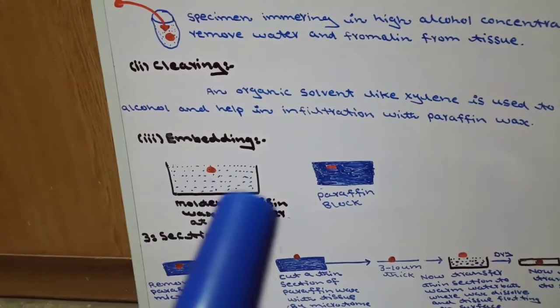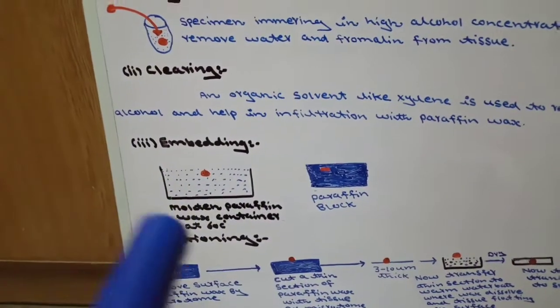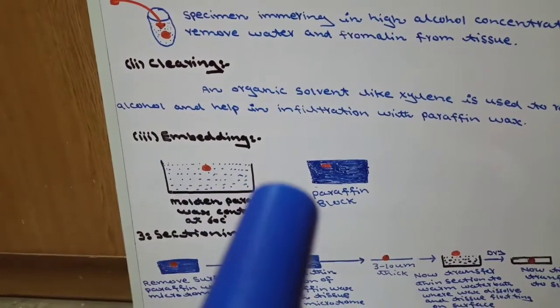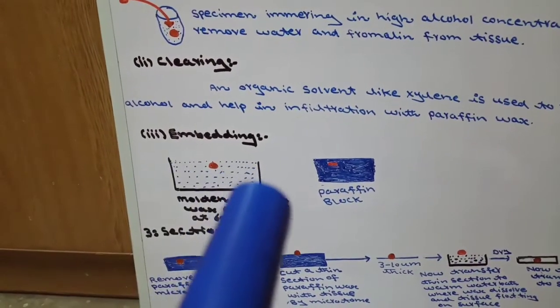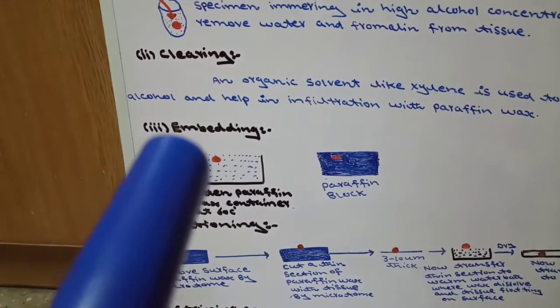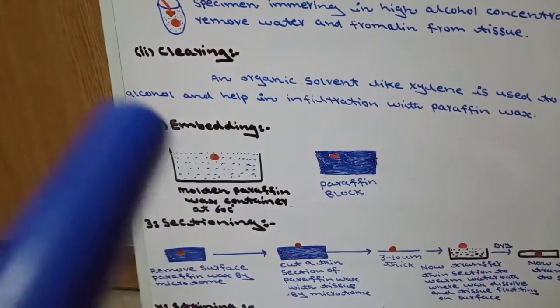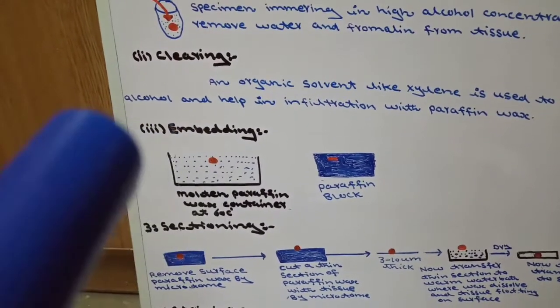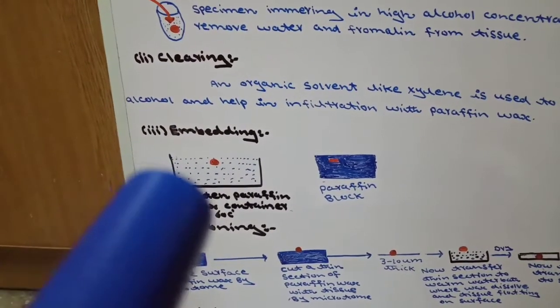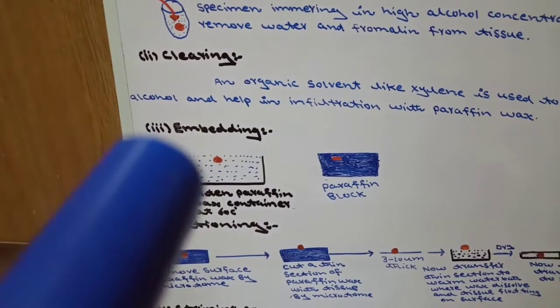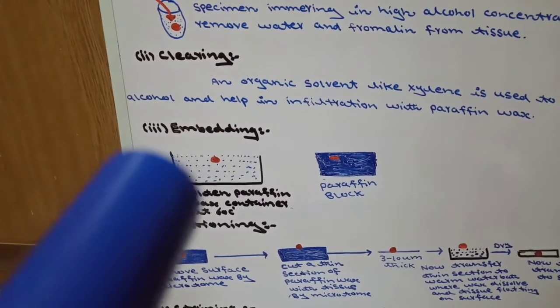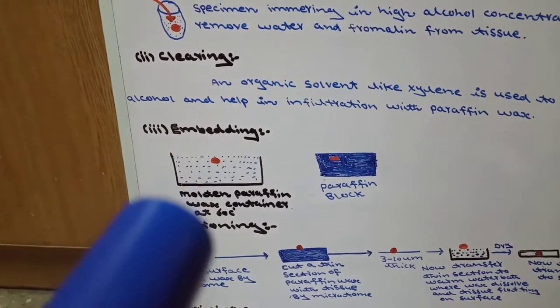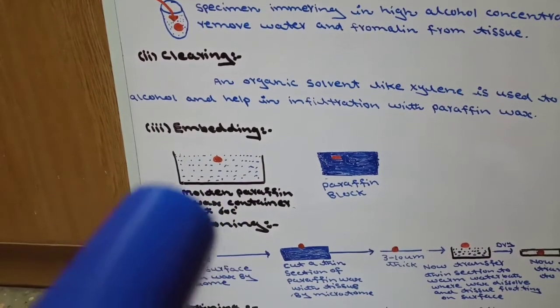This black line shows a container, and the blue dots show molten paraffin wax, and the red is a tissue specimen. In embedding, we place the tissue specimen inside a container in which the molten paraffin wax is present at 60 degrees centigrade.